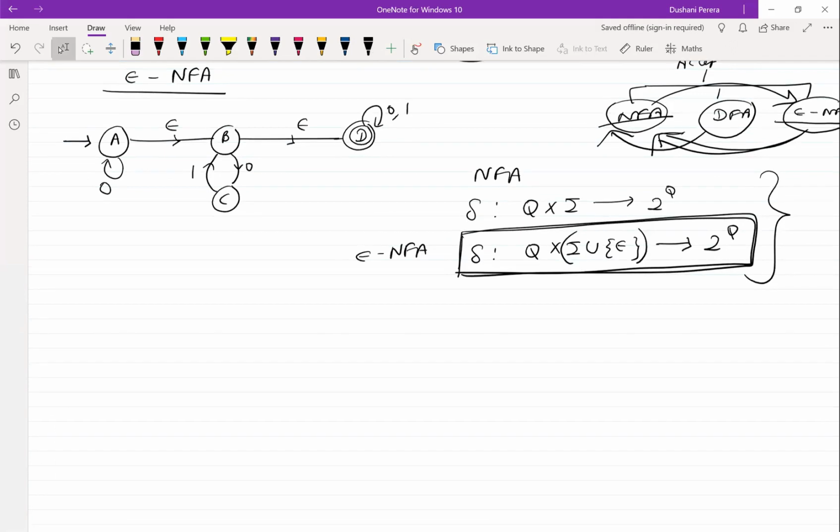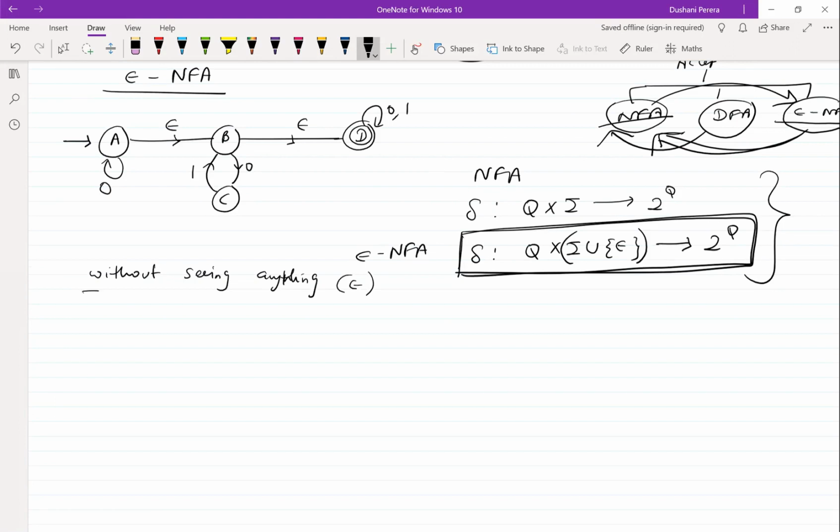Okay, so now here the only difference between that and this is that you can go from one state to another upon seeing an alphabet symbol or upon seeing nothing at all. Okay, upon seeing nothing at all, without seeing anything, like an epsilon, you can go to a state.